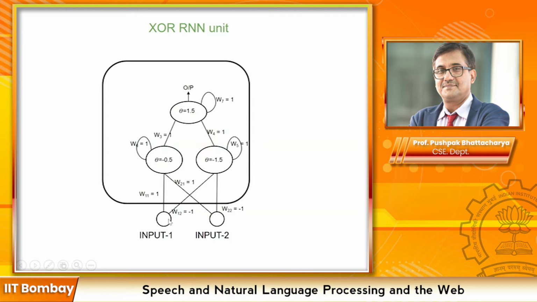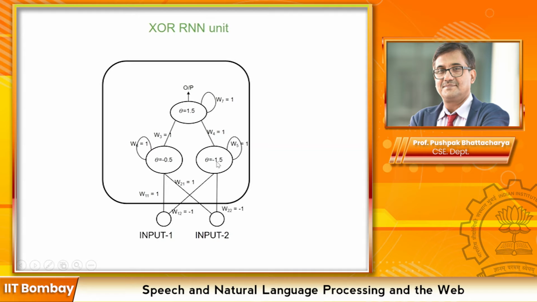Let me concentrate on hidden neuron 1 and hidden neuron 2. In hidden neuron 1, the weight values are 1, 1. Threshold is 0.5. So you can see it computes OR, x1 plus x2. The other neuron is receiving inputs over two connections whose values are -1, -1 each.